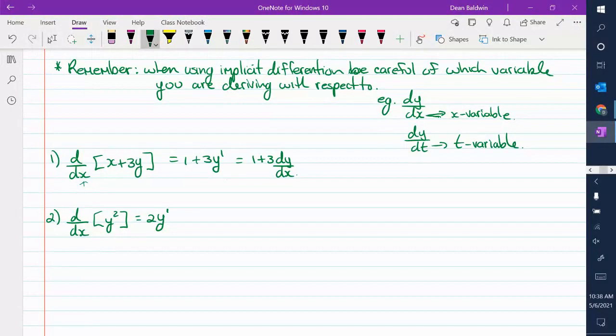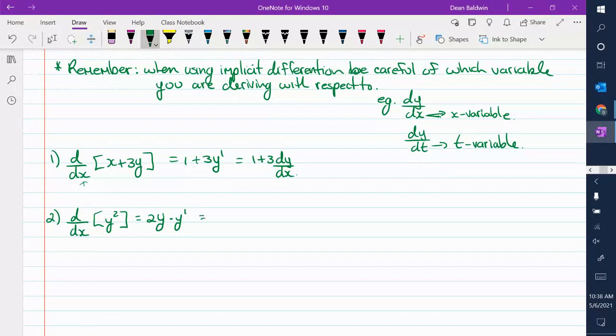I'm just doing it to illustrate the point. And then you multiply by the inside derivative. What's the derivative of y with respect to x? Y prime. I should erase that 1 because it looks like a prime. So it's 2y times y prime. And that's it. You're done.